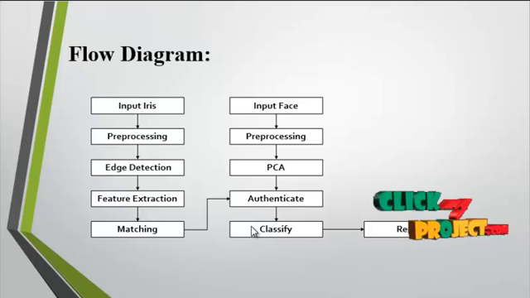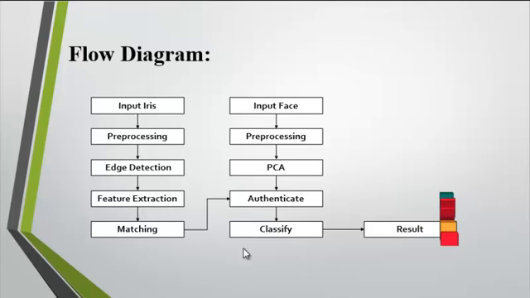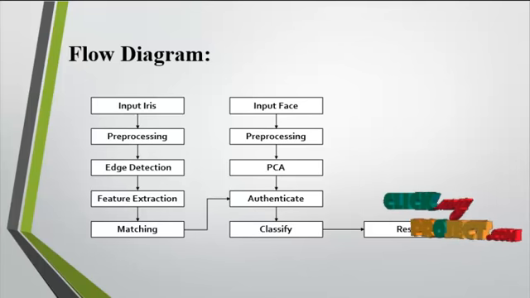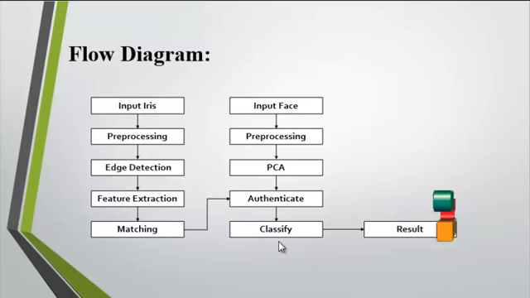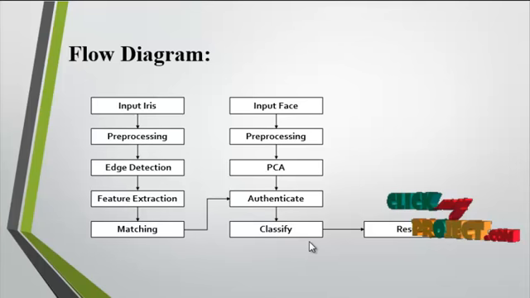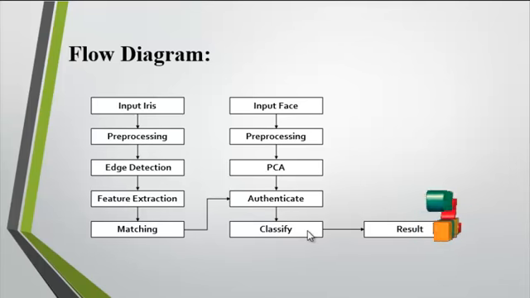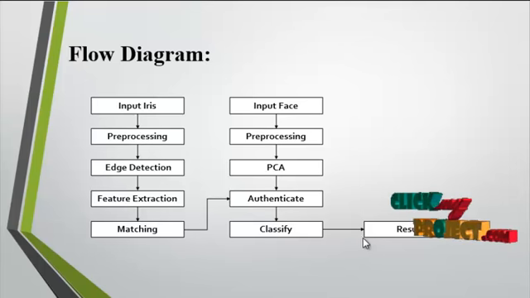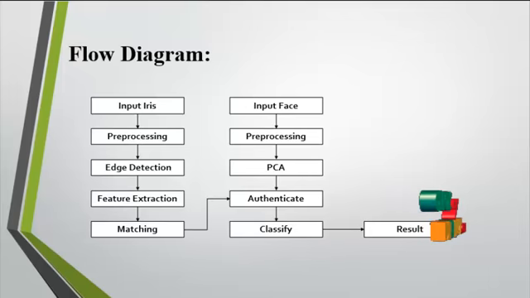The classification result is considered as the authentication result. For the classification process, we use the multi-SVM classifier. SVM is abbreviated as support vector machine. The authenticated result comes as text format.